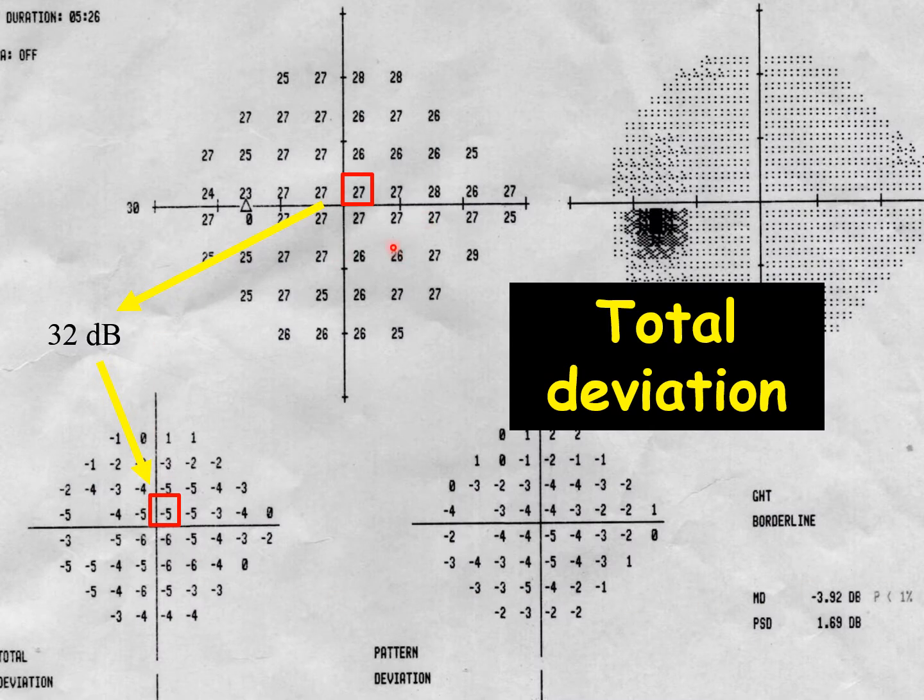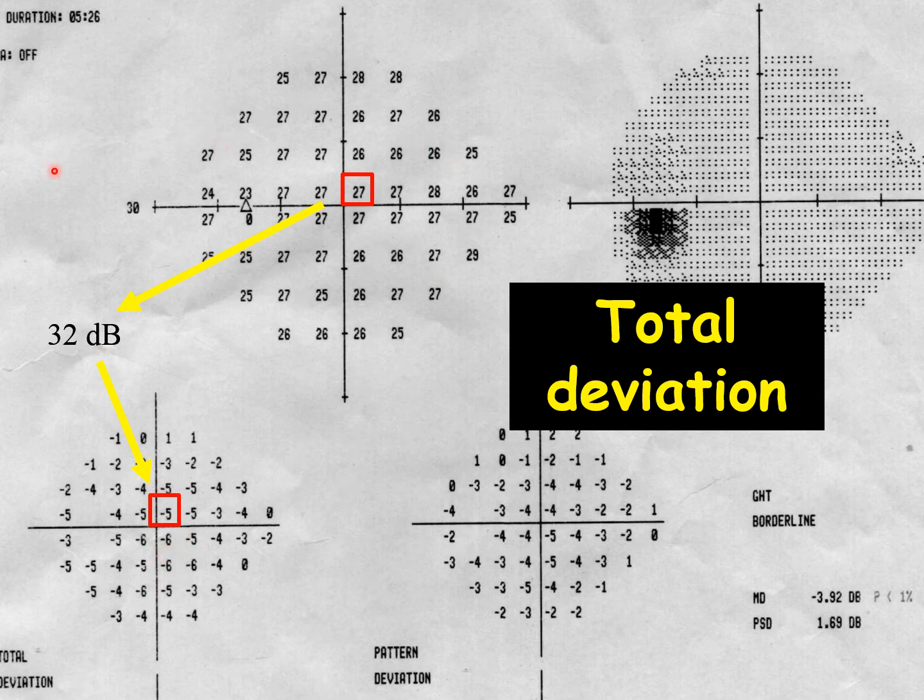These are the recorded patient sensitivities. The software starts to compare each point with the normative data already stored for the same age. So for this patient, the normative data for this point is 32. So the difference is written here, it's -5, and so on.